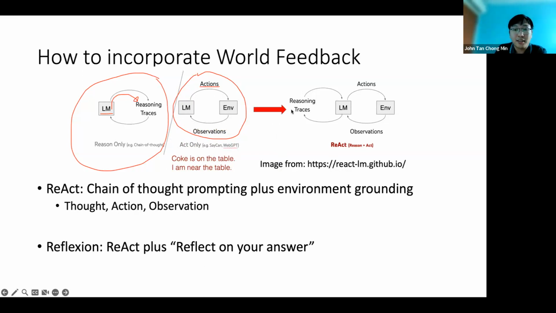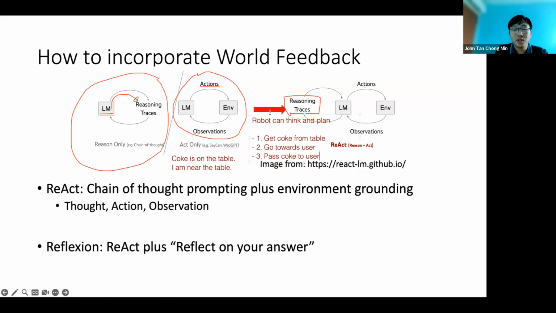But if you do ReAct, you can have some form of reasoning. You can ask the robot to think about it: you need to get the coke to me, what do I need to do? Then the robot can plan. Step 1, get coke from table. Step 2, go towards user. Step 3, pass coke to user.